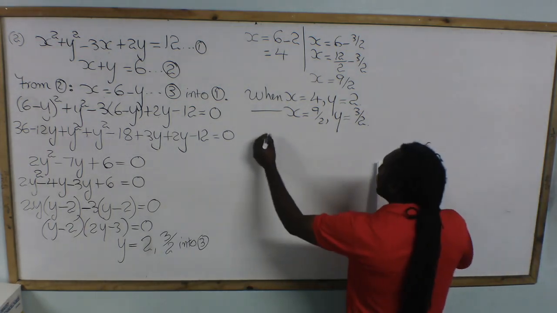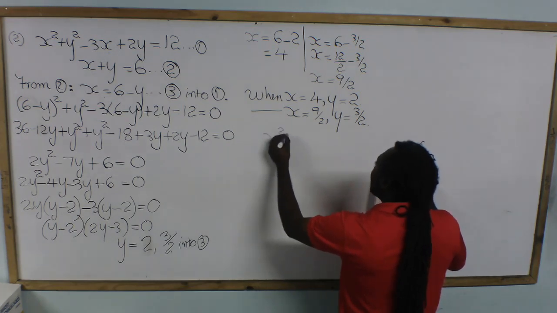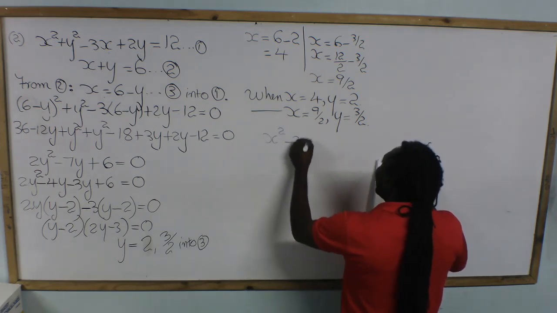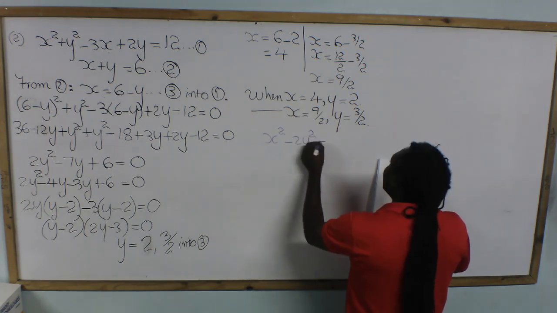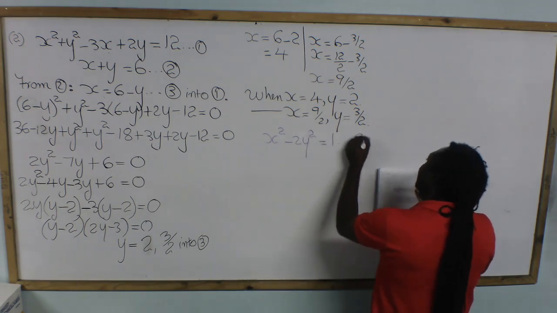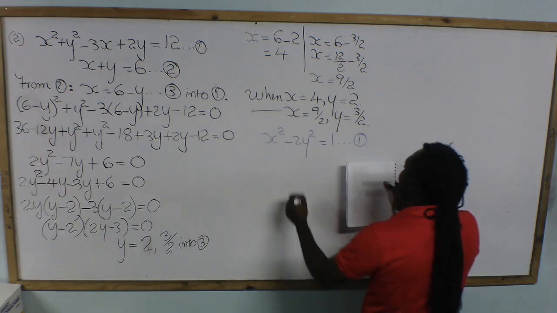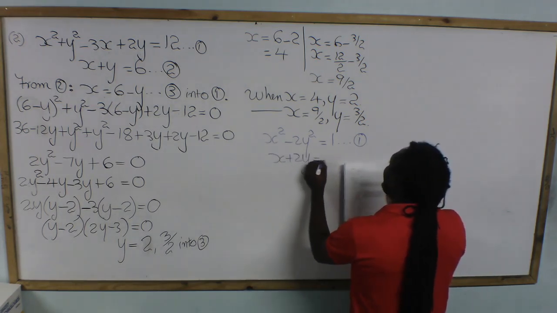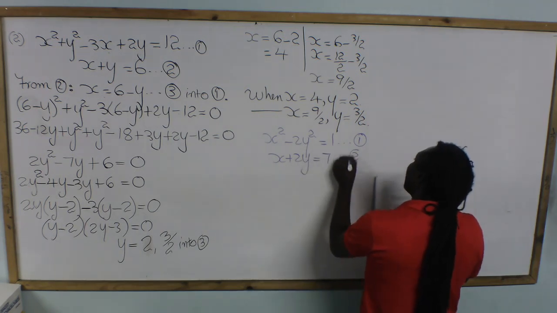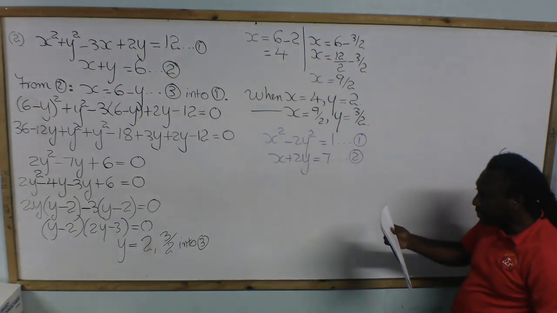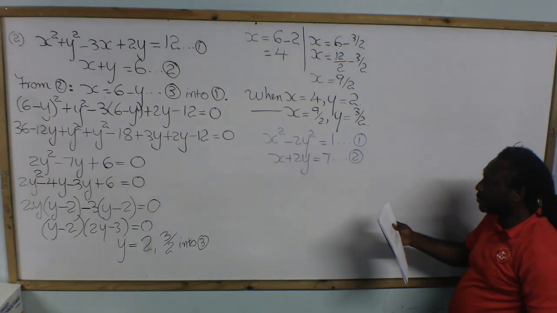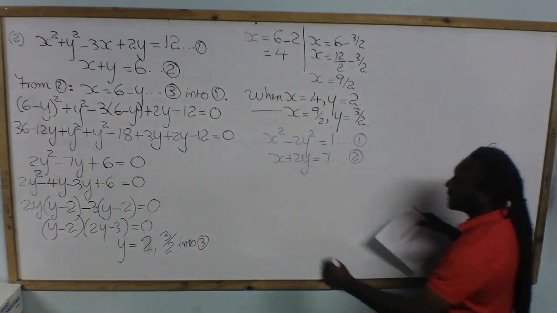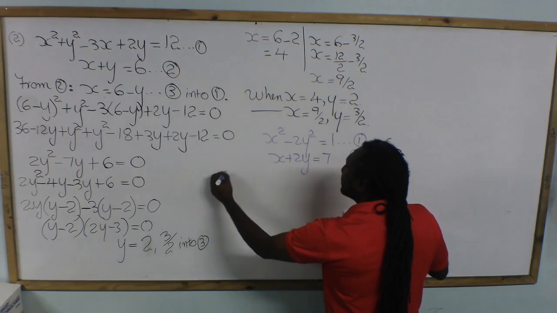Tell me what to do with it. x squared minus 2y squared is equal to 1, and that's your equation 1. Your equation 2 is x plus 2y is equal to 7. So you have x squared minus 2y squared is equal to 1, and x plus 2y is equal to 7. Let's go very quickly.